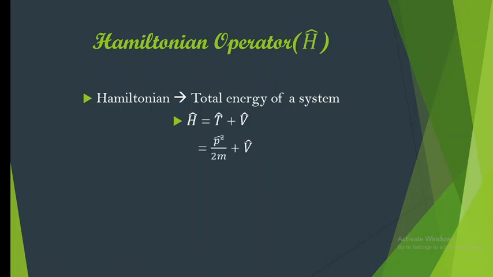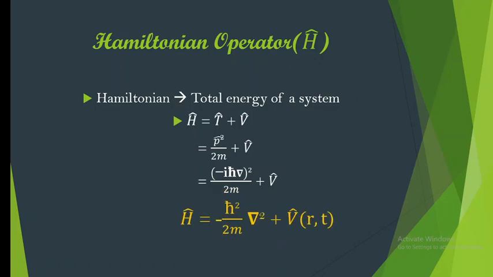We have already seen T cap, which is the kinetic energy operator, equal to P cap square divided by 2m, and the potential energy operator is a function of x comma t or r comma t. Again substituting the value of P cap in operator form, we finally get the Hamiltonian operator, which is H cap is equal to minus h cross square del square divided by 2m plus V of r comma t. So these are some of the derivations of operators which are generally used in quantum mechanics.